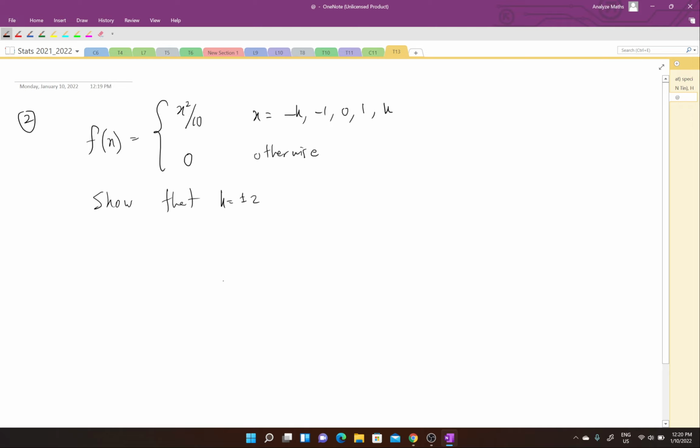So how you will do this is, also a probability distribution function, this discrete.